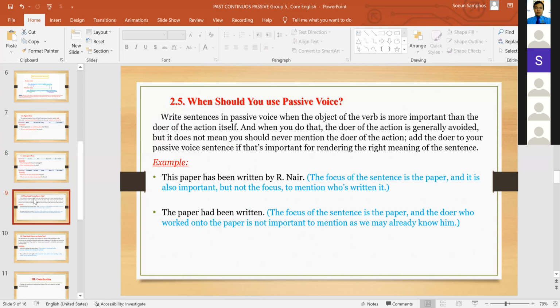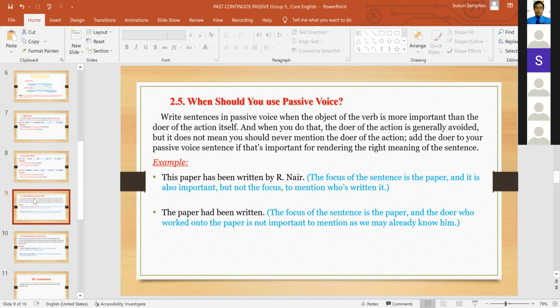Thank you. 2.5. When to use the passive voice: write a sentence in the passive voice when the object of the verb is more important than the doer of the action itself. And when you do that, the doer of the action is generally omitted, but it does not mean you should never mention the doer of the action. Add the doer to your passive voice sentence if that's important for the right meaning of the sentence.